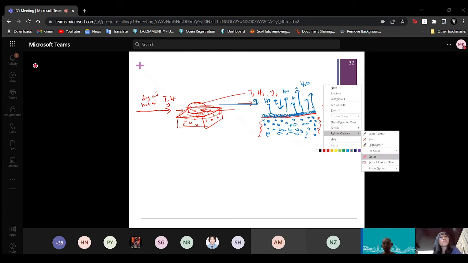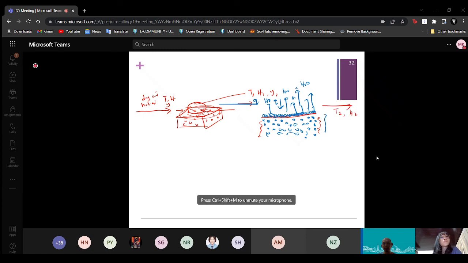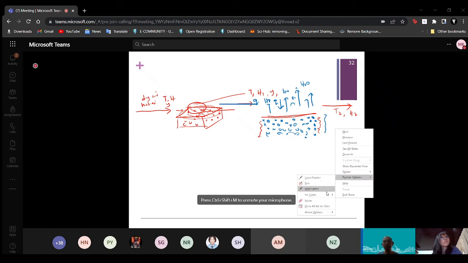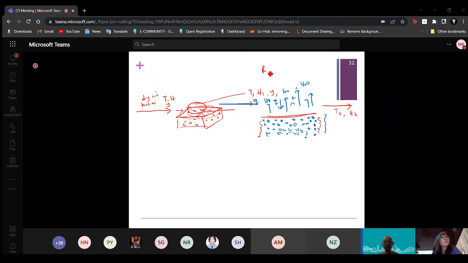So bila dia dah naik semua, katalah dia dah naik semua ni, so what happen? What left? Dah tak ada water film. Okay, dah tak ada water film. So masa yang water film yang they are going up, so what happen is that the rate of drying is basically equal to rate of what? Evaporation.